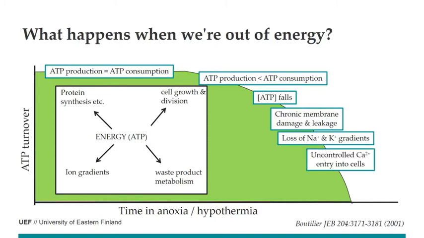And that results in uncontrolled calcium entry inside the cell. You know that calcium is a very good trigger of several pathways in the cells, and some of these pathways are actually causing cell death. And some of them are rupturing membranes, and that causes cell death.